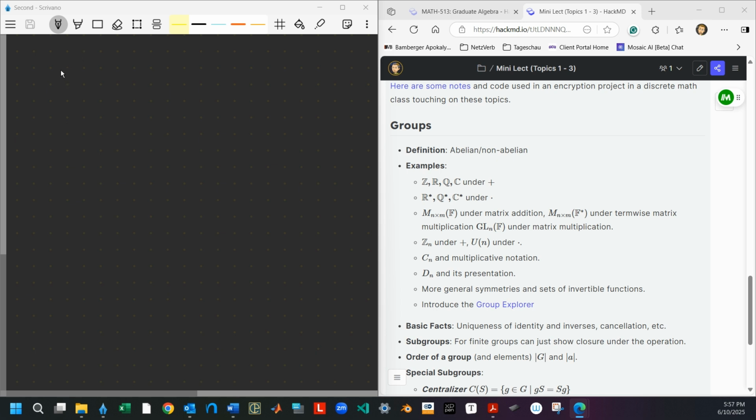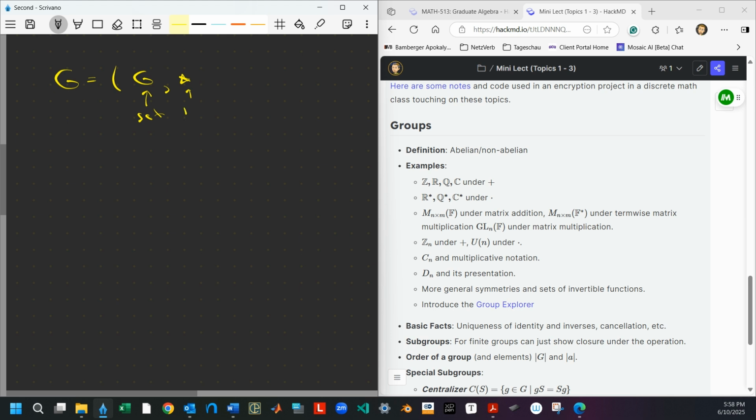So a group is an algebraic structure. I will use the letter G for two things here. So G will be a set. Then there'll be an operation, usually plus or times or composition or something like this.